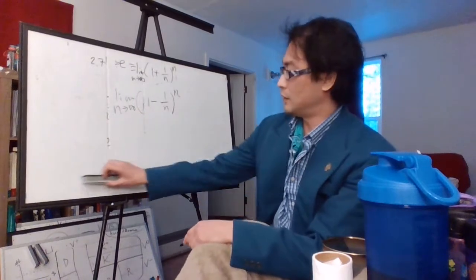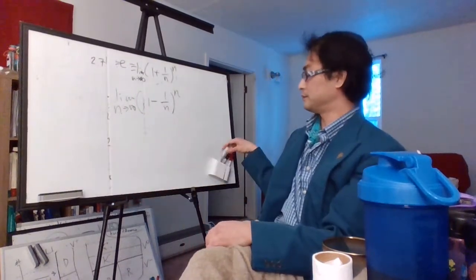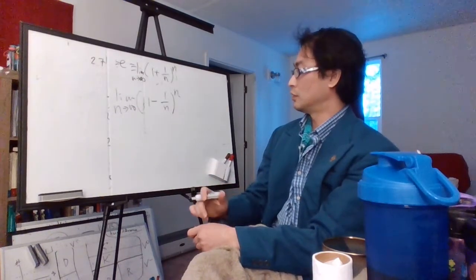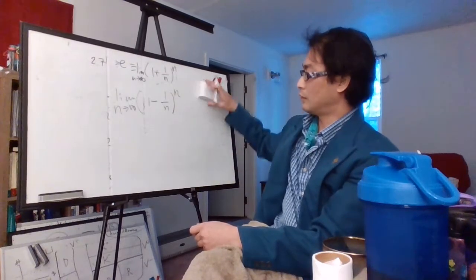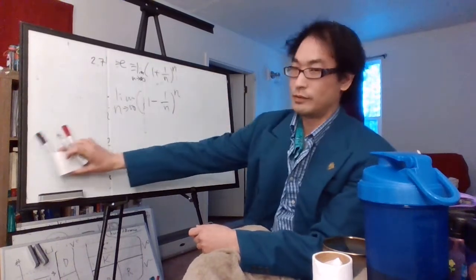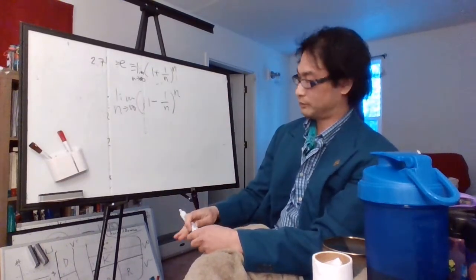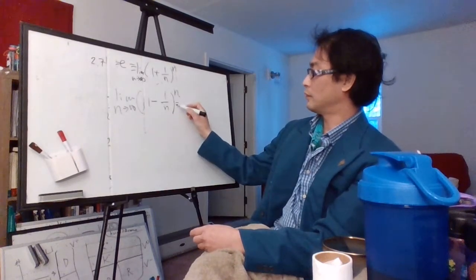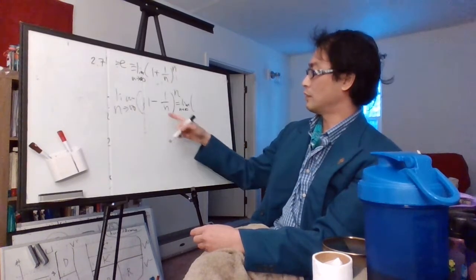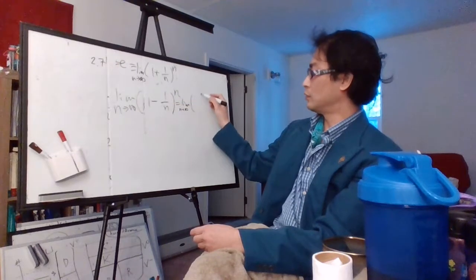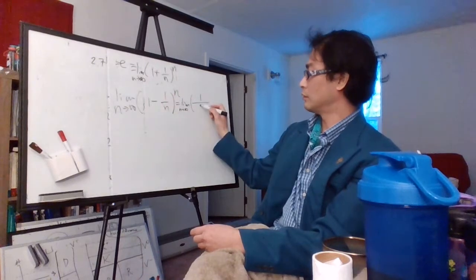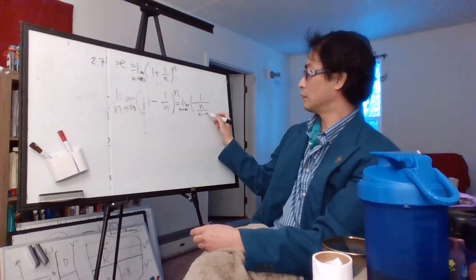So it goes like this. You can see this, right? n minus 1. Okay, so this is 1 over n minus 1.